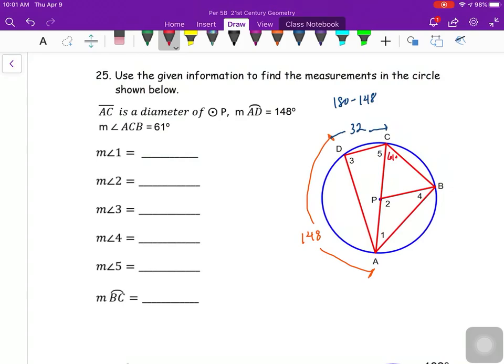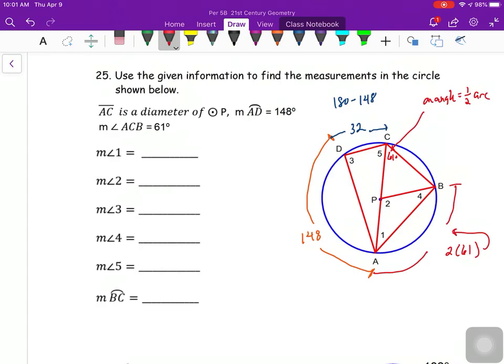They also told us that the angle ACB was 61. A to C to B. So this one is 61. Okay. Now, the 61 is an on angle. So that equals half the arc.